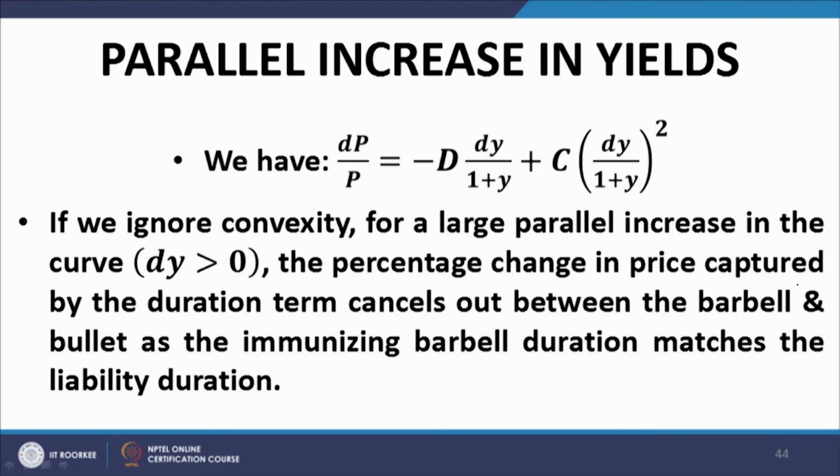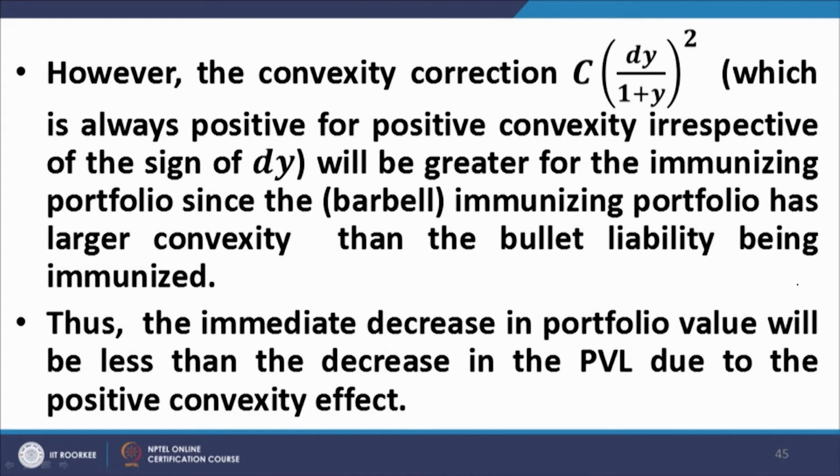However, what happens in the case of convexity? The convexity correction is always positive, irrespective of whether there is an increase or decrease in interest rate. The convexity correction, which is always positive for positive convexity, irrespective of the sign of dy, will be greater for the immunizing portfolio, since the barbell immunizing portfolio has larger convexity.